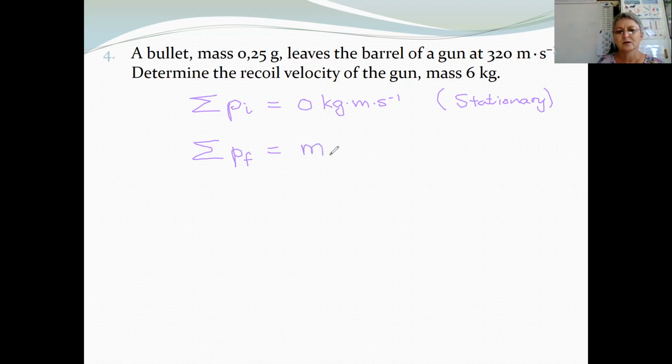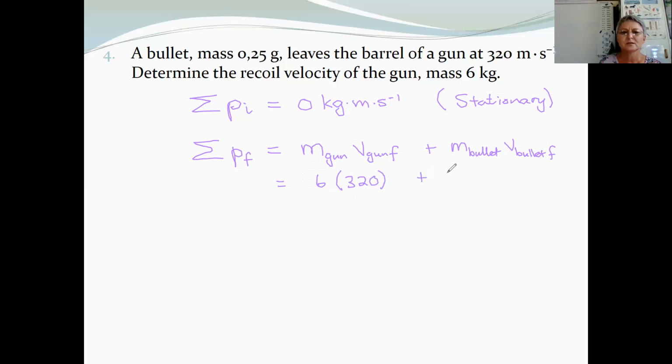So it's the mass of the gun times its final velocity plus the mass of the bullet and its final velocity. The mass of the gun is 6 kilograms. Oops, I don't need to write the 6 there. Times 320.